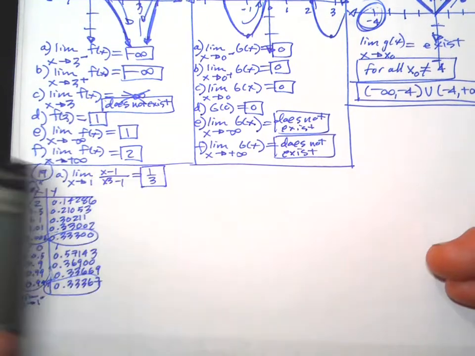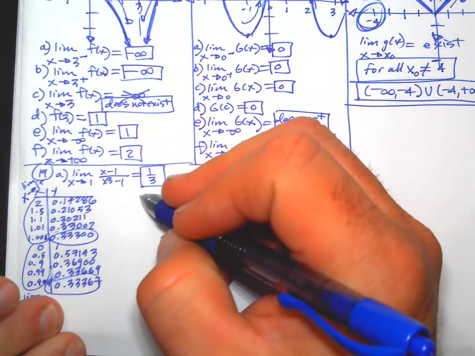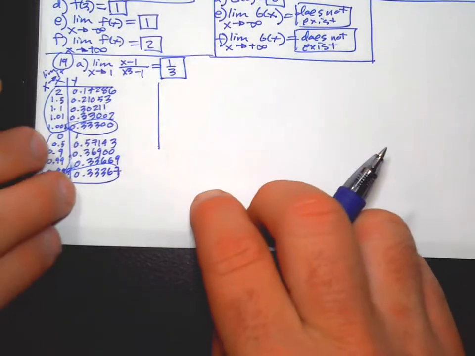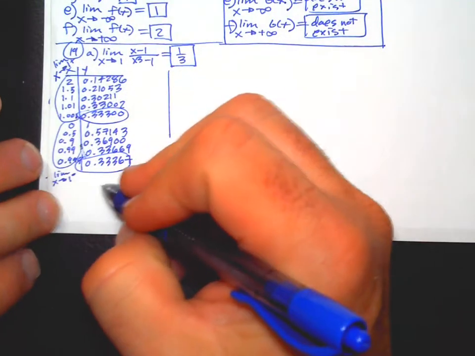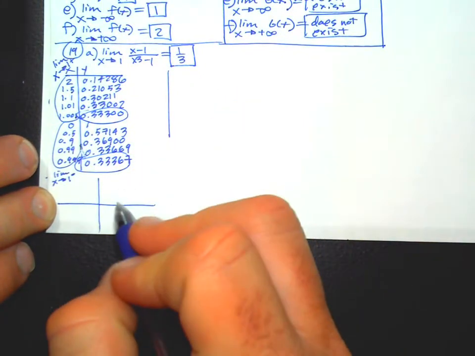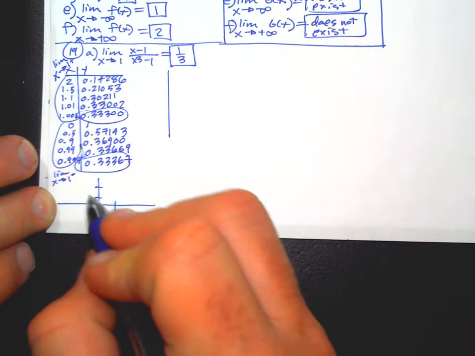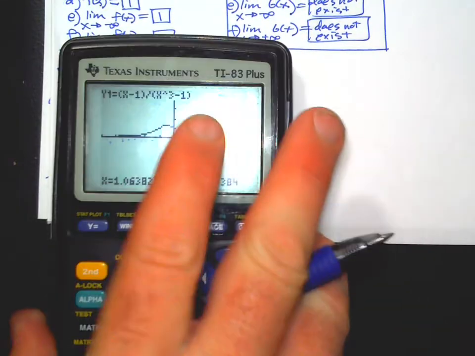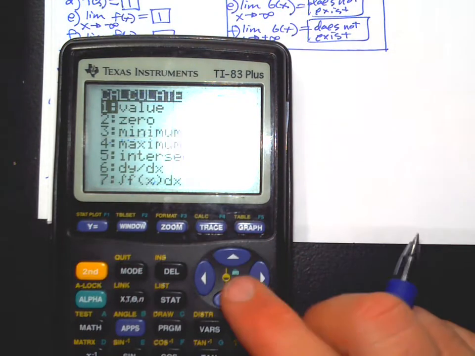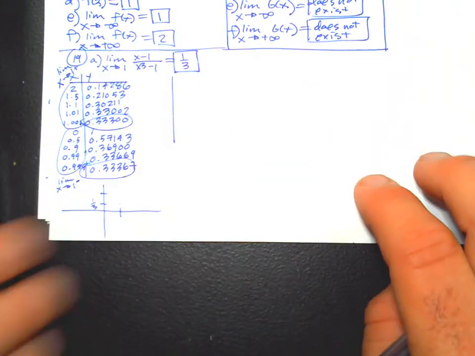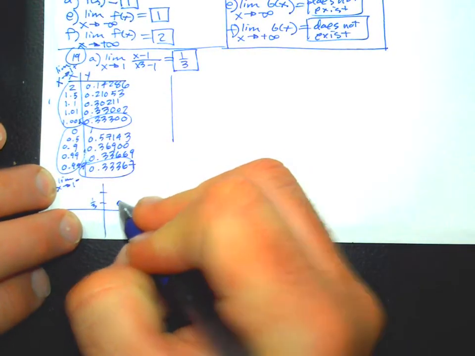So we're going to draw a little quick sketch of this to show we did it. Maybe I can fit a little more work. So now, is there anything weird happening there? If I go second calc value and I plug 1 in, there's a hole. So there's a hole in the graph.